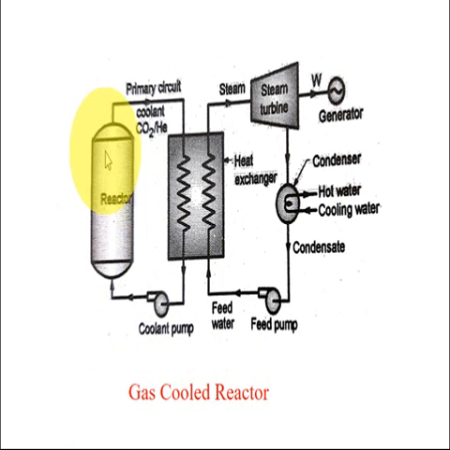And these are the components of a gas cooled reactor. We have here the reactor, consisting of nuclear fuel, then coolant as a gas, CO2 or helium. Then we have a moderator of graphite, and this gas is heated by the nuclear reaction, and that gas is passed into a heat exchanger, where it exchanges its heat to water, and steam is generated from the water, which is used in the Rankine cycle to produce power.